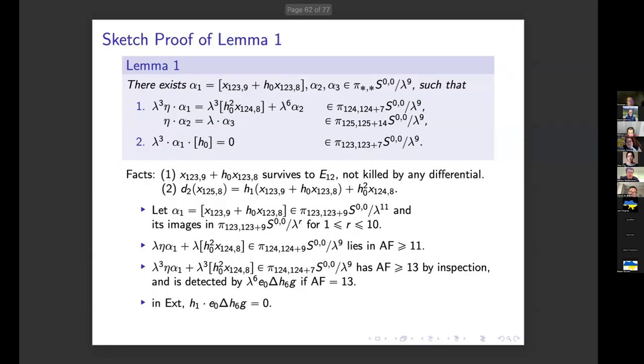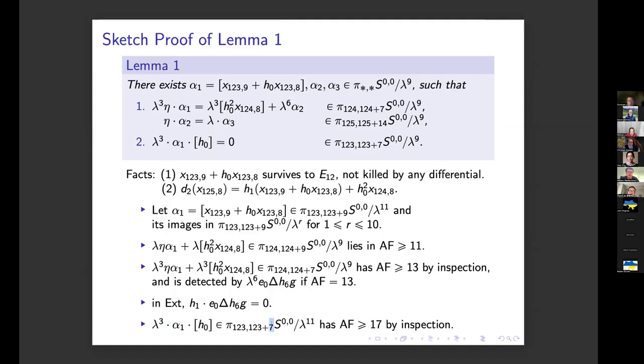Okay, and since this element, when I multiply by H1, is 0 in X, therefore I also have this expression. So this expression can also be checked by just studying the corresponding group and corresponding Adams filtration. One subtle thing here is that I can have an Adams filtration estimate to see that this one has Adams filtration at least 17, but this element lives in 7.